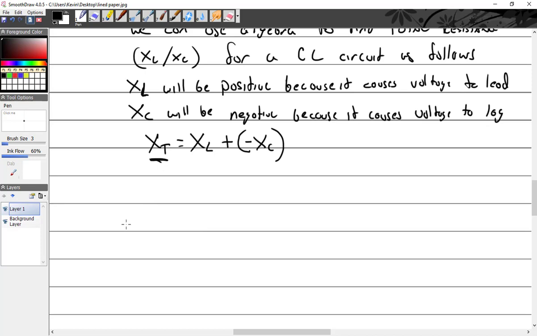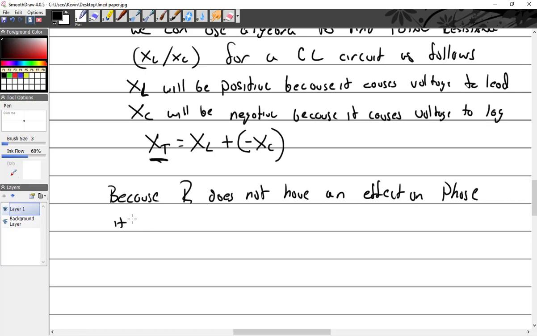Okay, what about resistance? Where did that come in? Because resistance, R, does not have an effect on phase.